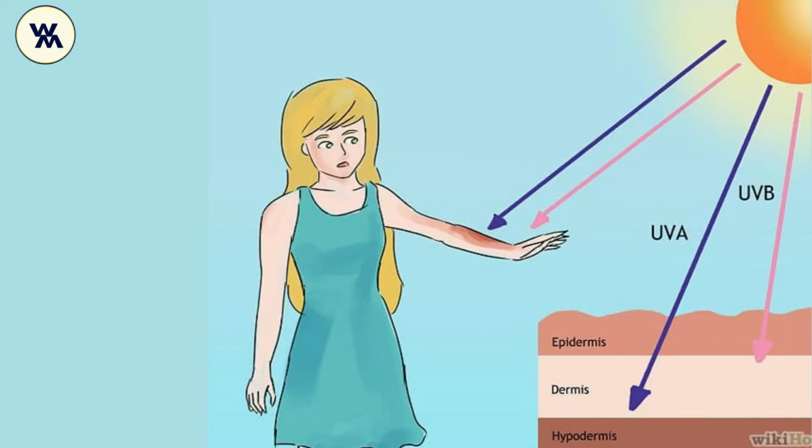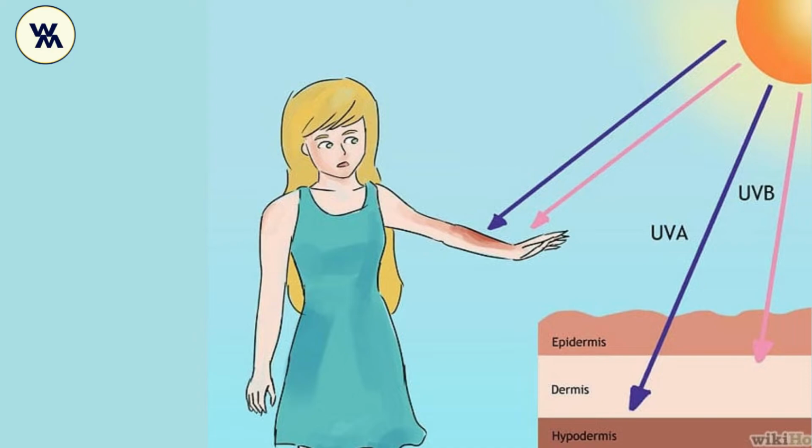There are two types of UV rays, UVA and UVB. UVA is the most dangerous one. The skin has many layers, like the atmosphere. The outer layer is the epidermis, and when we go more inside we see the dermis, and the inside layer is the hypodermis. UVA goes inside to the dermis itself, but UVB only goes inside the epidermis.